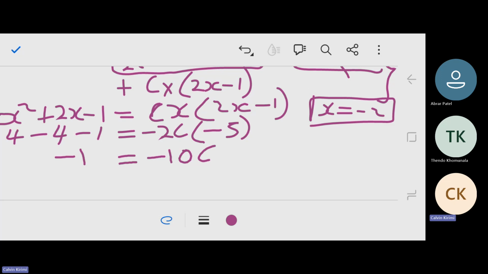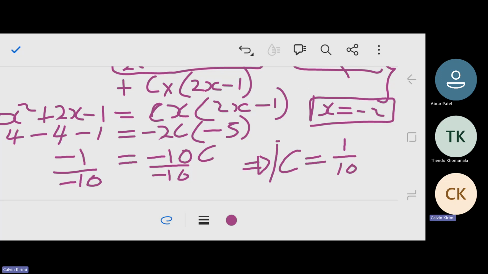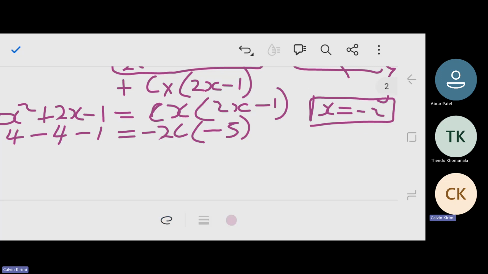Here it implies that when you divide both sides by negative 10, C is equals to what? Positive 1 over 10. So this is our constant. Positive 1 over 10 is our constant, which we got.